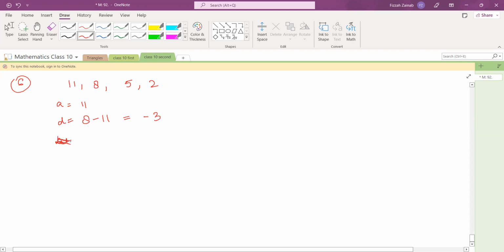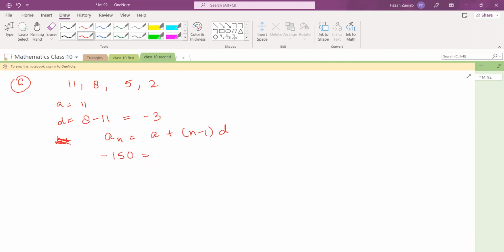We cannot let it be the nth term because we don't know whether it is a term or not, right? So we will simply use an is equal to a plus n minus 1 into d, and we put this minus 150 at the nth term, and we will see whether our n is a positive integer or not. If n is coming in fraction or something else, that means minus 150 is not the nth term. Okay.